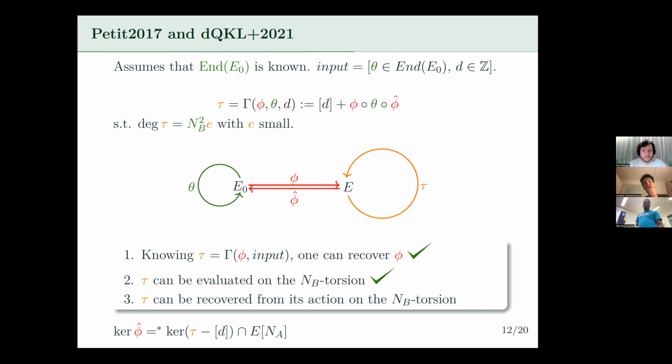His aim was that the degree of tau should be NB, and that was why there was a large distance between the parameters for which the attack applies and the normal parameters in SIDH. But here with the degree of tau being NB squared, you reduce the gap a bit. So let's see how, when the degree of tau is NB squared times E, you can recover the isogeny tau from its action on the NB torsion.